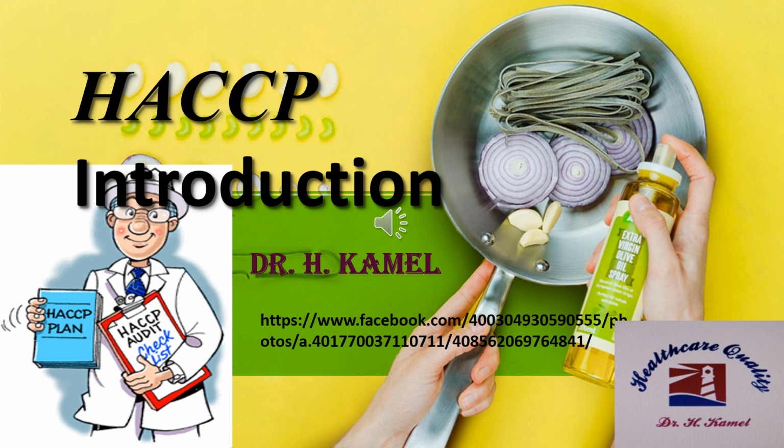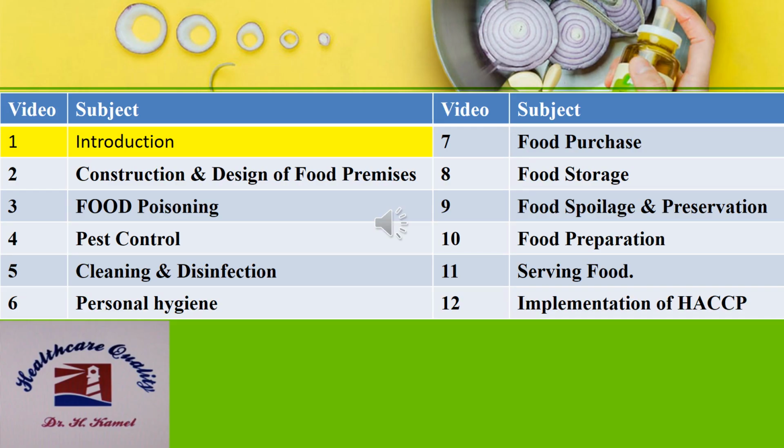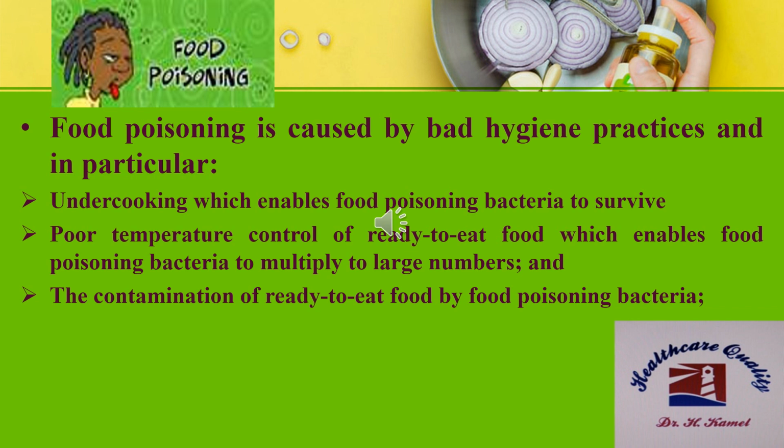This video is an introduction. As you see, this is the first video in a series of 12 videos about HACCP. The main objective of this program is to avoid food poisoning.